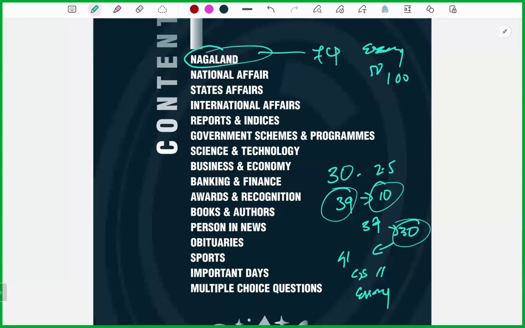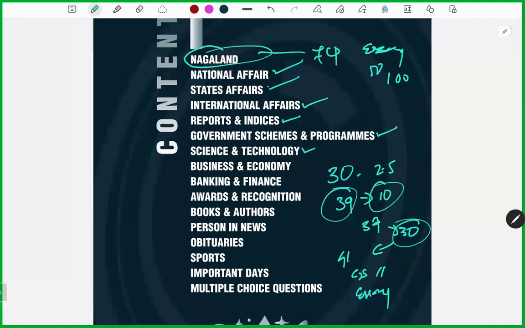All right. So as you can see, national affairs are important, state affairs are important, international affairs are important, and reports and indices, like India's rank, are important for both prelims and mains. Then government schemes and programs, we have discussed how many came in 2017.